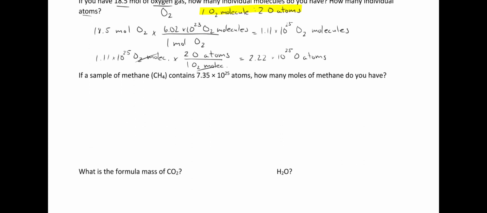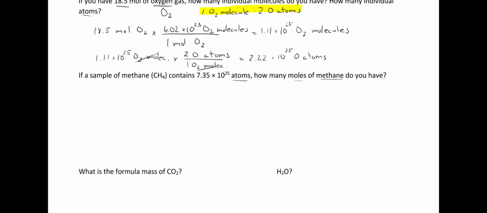Let's do another practice problem here. So let's say we have methane again, and it has 7.35 times 10 to the 25th atoms. How many moles of methane do I have? So this is very important that we keep the terms straight so we know exactly what we're talking about here.